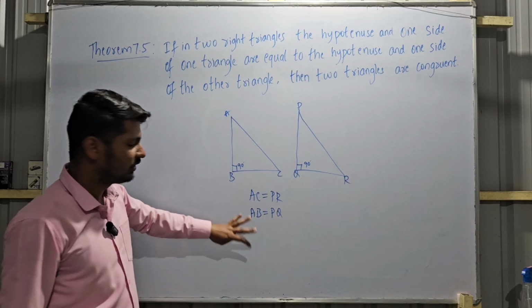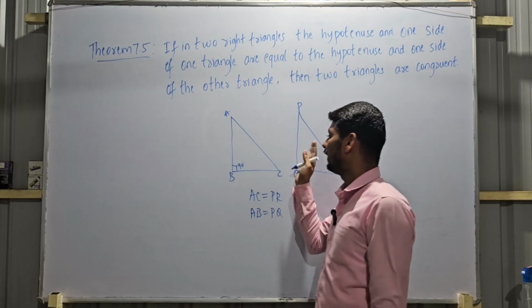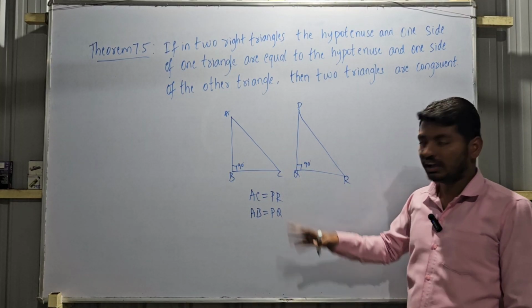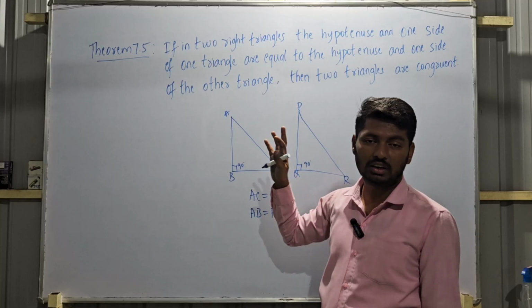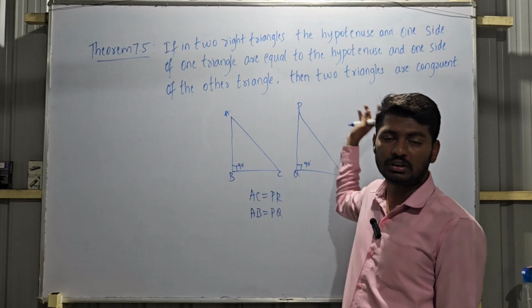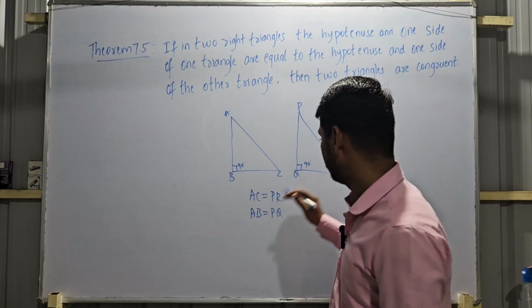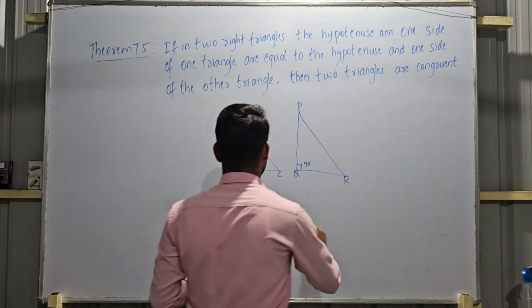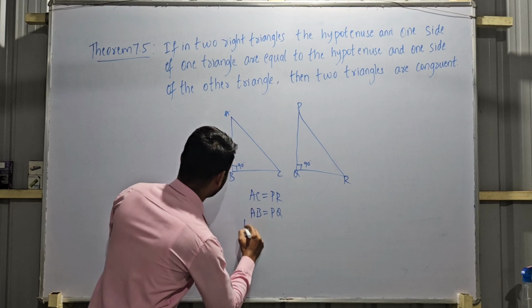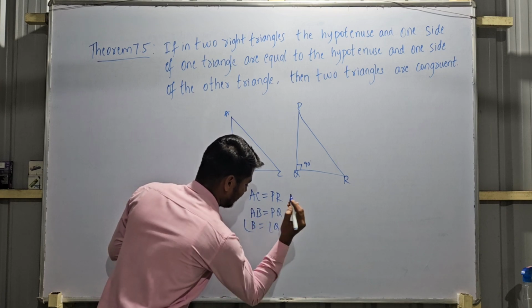If this is the case, then the two triangles are said to be congruent. In two right angle triangles, if the hypotenuse and any one of the sides are equal to the hypotenuse and any one of the sides of another right angle triangle, then the two triangles are congruent, because already angle B will be equal to angle Q, which is 90 degrees, right?